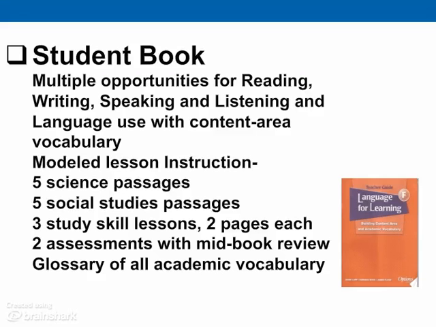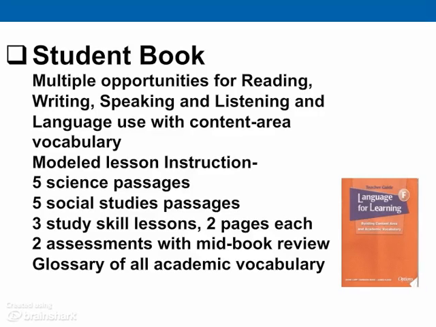The student book allows for multiple opportunities for reading, writing, speaking and listening, and language. It complements the core instruction as students practice their content area domain-specific vocabulary. Lessons contain modeled instruction and encourage group discussion.